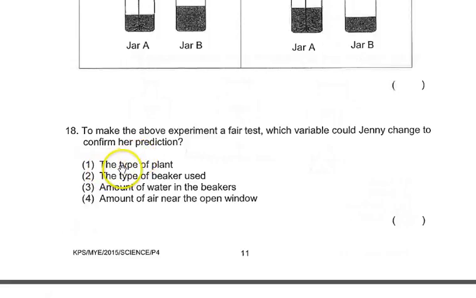Do you put a different type of plant to tell you that any plant will absorb, or the type of beaker used? Even though you change the beaker, with the same amount of water inside, does it affect the amount of water in the beaker, or the amount of air near the open window?